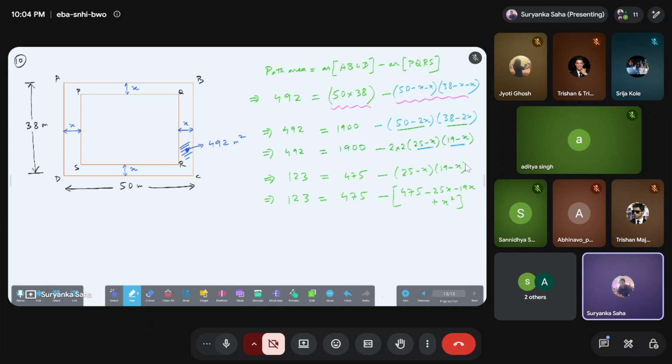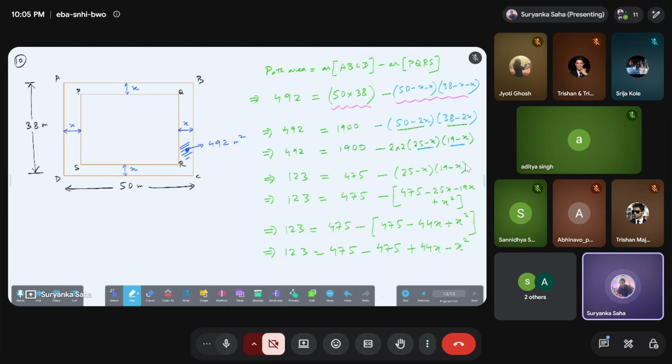Okay, so let me take 123 equal to 475 minus 25 plus 19, which is 44x, plus x square. So open up the bracket: minus 475 plus 44x minus x square.